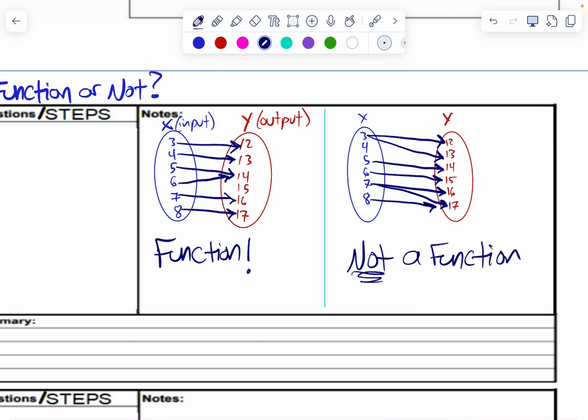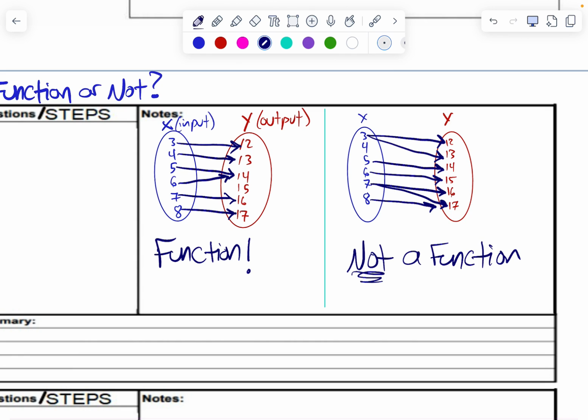We have multiple outputs for 1 or 2 of our inputs. So again, this is kind of a concept map. Obviously, these aren't graphs of actual functions, but conceptually it's saying, hey, if I put this input in, I can't have 2 outputs for it.